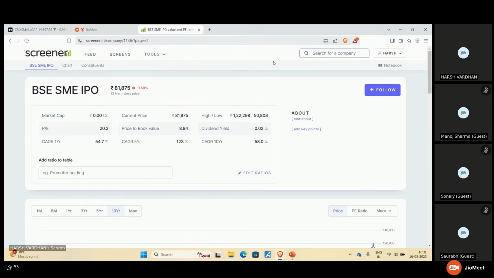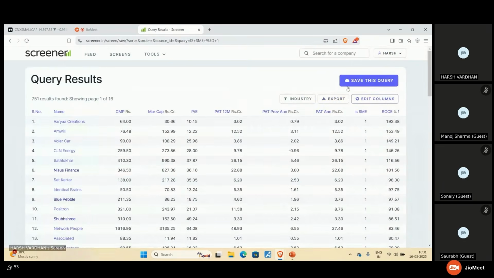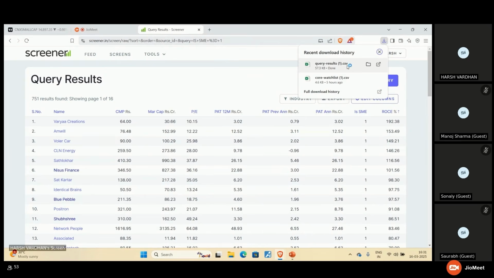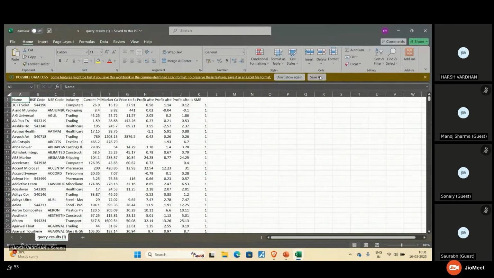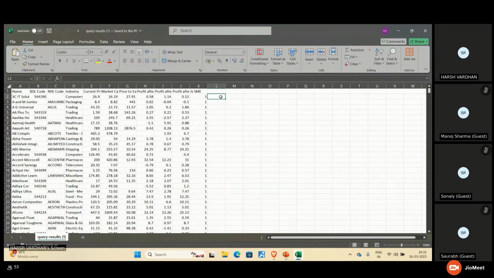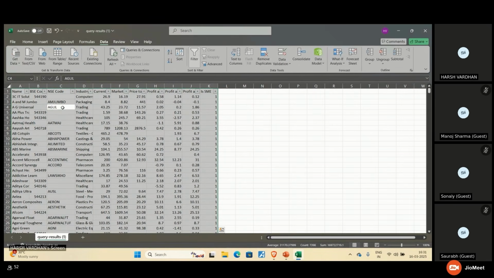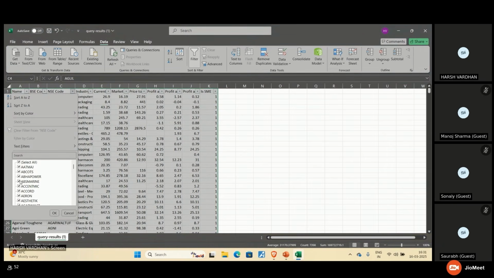Okay, for all the SME companies, we don't have an NSE code because some are listed on BSE. So we will have to get the BSE code for it as well. But don't worry, for now I'm just adding the NSE listed SME companies.